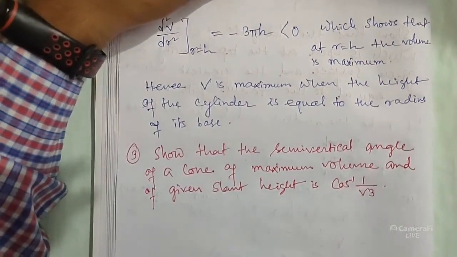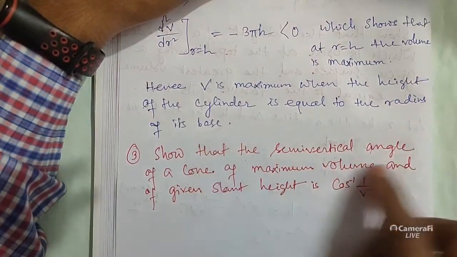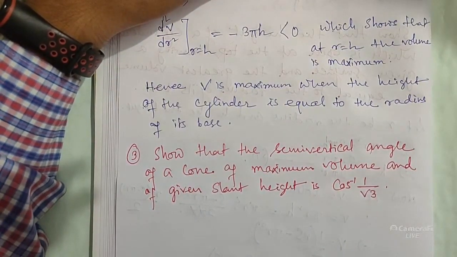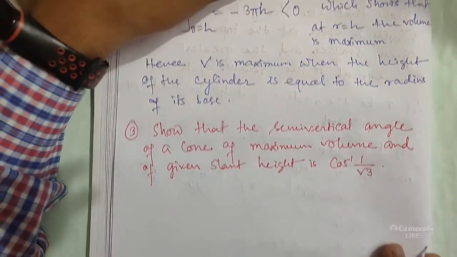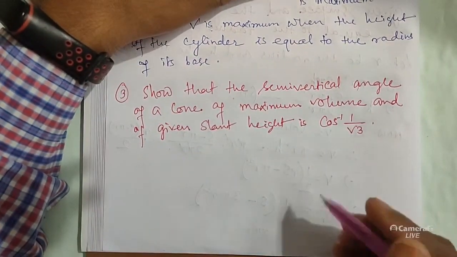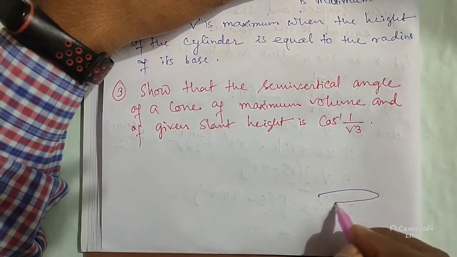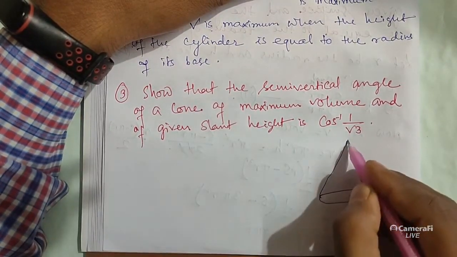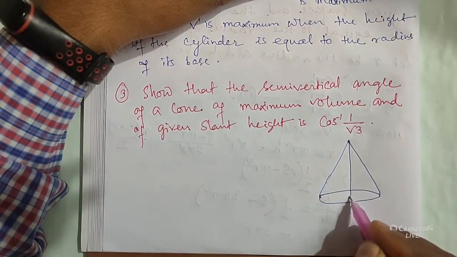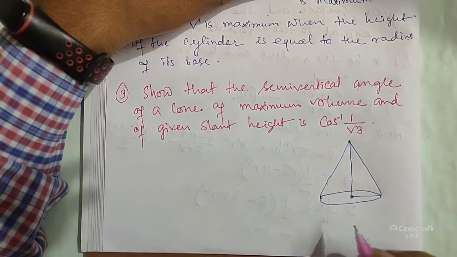Now in this question, see, an angle is involved, the semi-vertical angle of a cone. So for that we should know what the semi-vertical angle of a cone is. This is a cone. This is the height. This is the radius of the base.